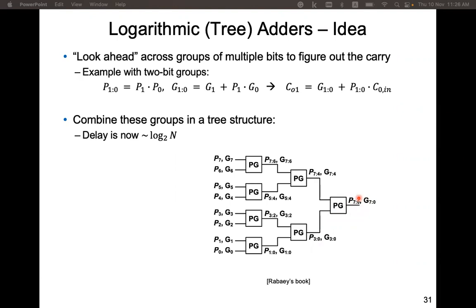So the worst case delay is this. When we need to propagate a carry from bit 0 to the last bit, it will go through this stage, this stage, and this stage. So it goes through 3 stages.